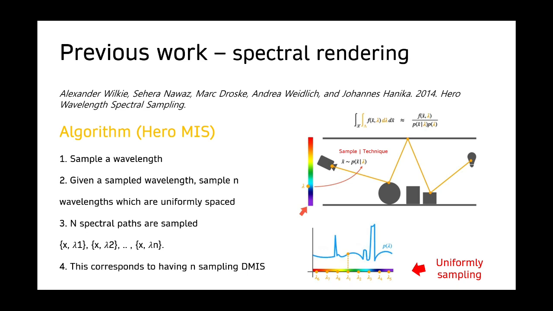Wilkie proposed to select a first wavelength according to this distribution and then select a set of evenly spaced wavelengths around it. This corresponds to having an n-sample technique for each wavelength, which are combined via balance heuristic MIS.